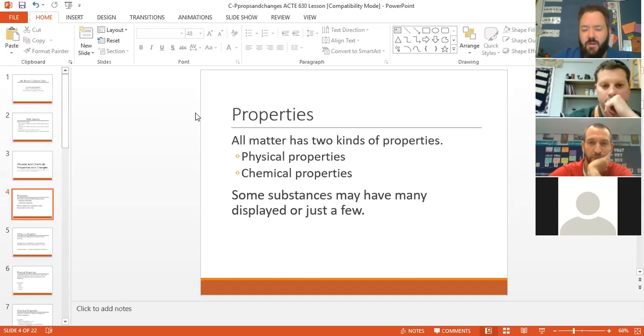Some may display just a couple. Others are going to have a ton of them that you're able to pick out pretty easily depending on what they are. What we're here to look at is breaking down between the two and identifying what is a physical property versus a chemical property, and therefore how you're able to differentiate between the two.